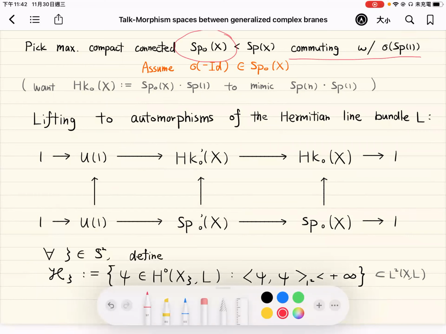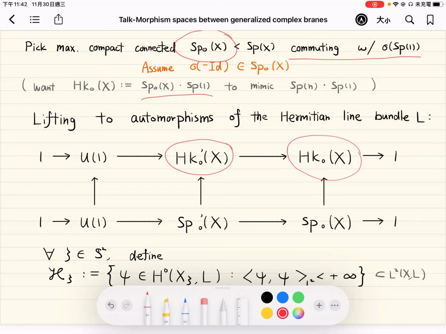And they have some assumption so that they want the group SP0X dot SP1 to mimic the structure group of a quaternion Kähler manifold, SPN dot SP1 here. So having this kind of setup, they also consider the lifting of automorphisms of the Hermitian line bundle L. Then they consider the group of automorphisms of the bundle L covering the elements inside the HK0 here. And this is a central extension here.